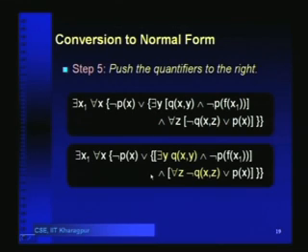Step 5, push the quantifiers to the right. Here this there exists y was quantifying this whole formula, but this part, not of pfx1, does not have y. So, we can associate this there exists y directly with this predicate qxy.